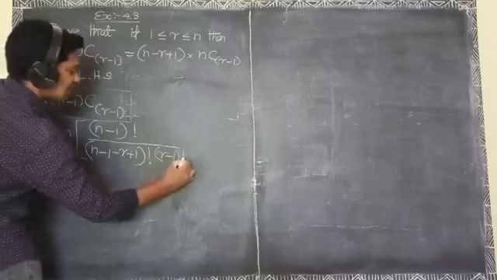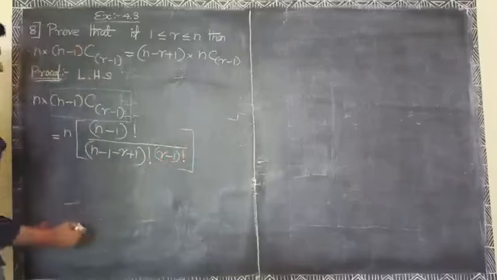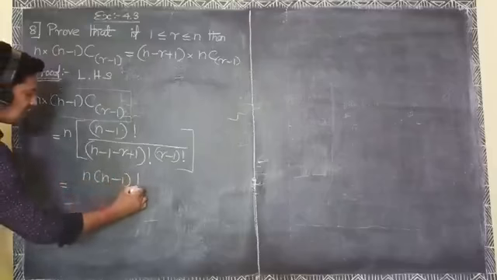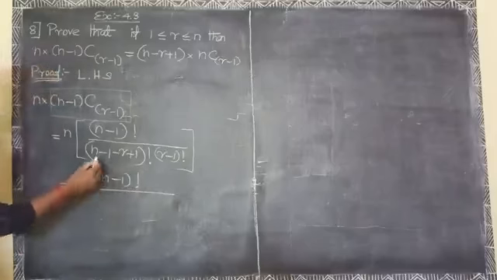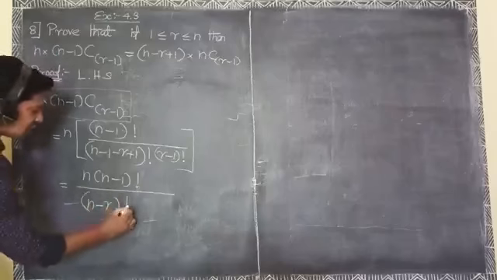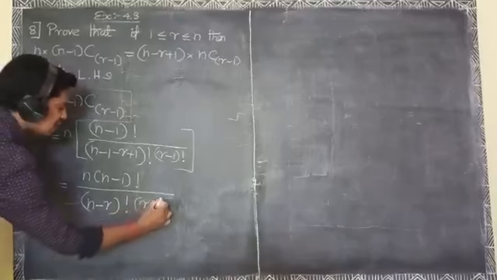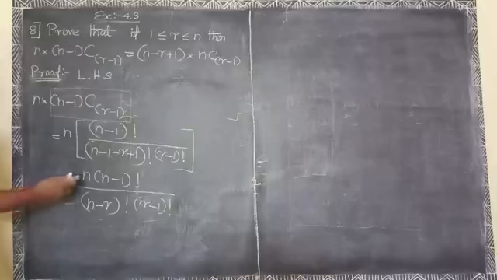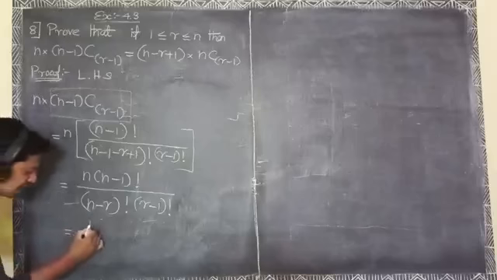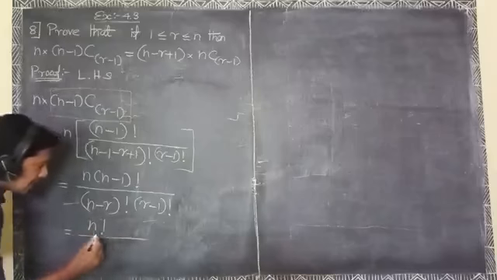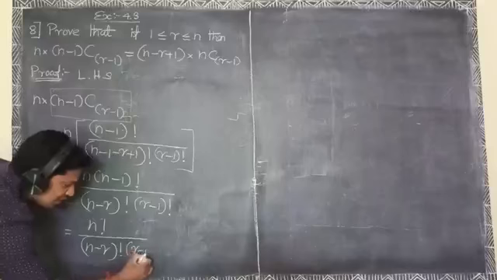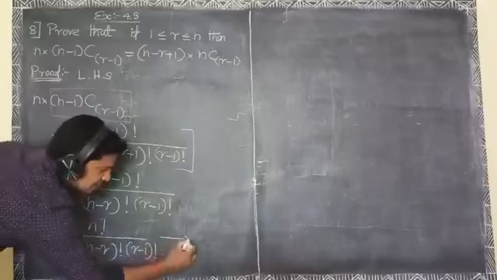Then the numerator is n into (n minus 1)!, and in the denominator the minus 1 and plus 1 cancel, so the remaining is (n minus r)! into (r minus 1)!. n into (n minus 1)! can be written as n!. So n! divided by (n minus r)! into (r minus 1)!. This is equation number 1.